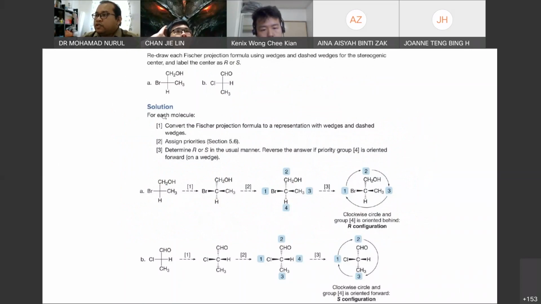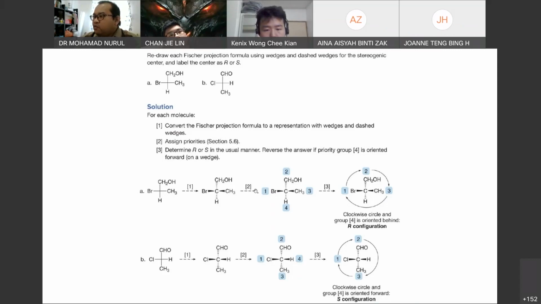First, for the solution here, convert the Fischer projection formula to wedges and dashes. From here, you can draw like this, with wedges and dashes, so they have wedges on the horizontals. And lastly, assign the priorities.